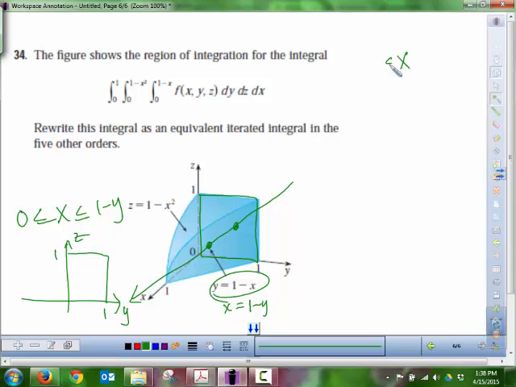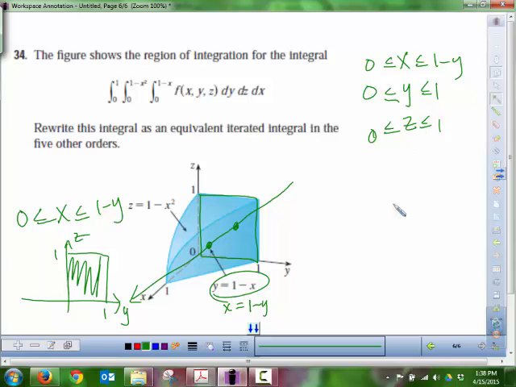So with respect to x, first we go 0 to 1 minus y, and then if we want to integrate with respect to y and then z, I just need to look at my yz plane and see what the limits look like. In this case they are constants, so I'm done with that.